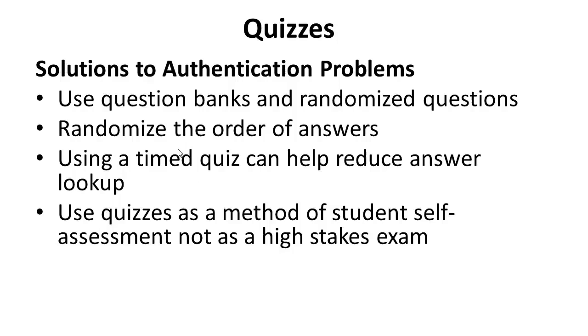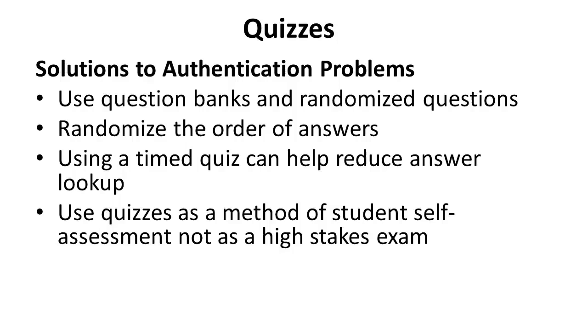Well, you won't be able to prevent it completely, but what you can do is use question banks and randomize the questions that each student gets so that no two students are getting the same quiz. You can randomize the order of the answers so that even if they do get the same question, the answers are not going to be in the same order.